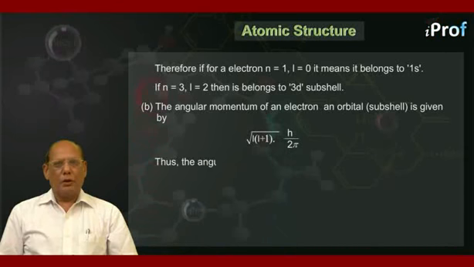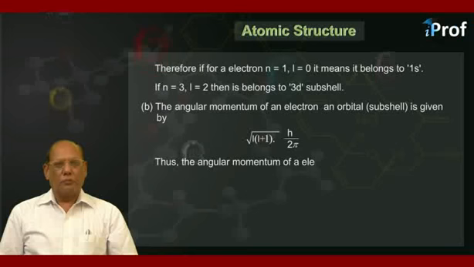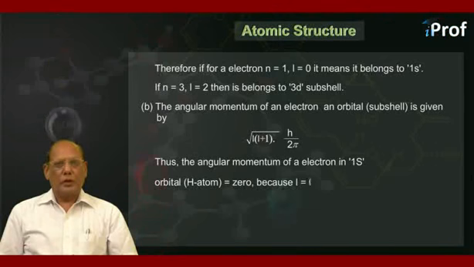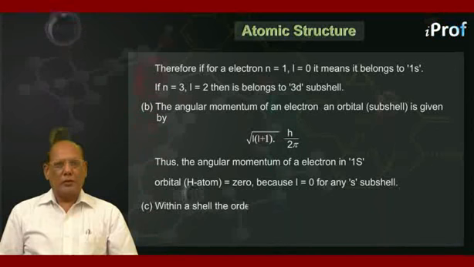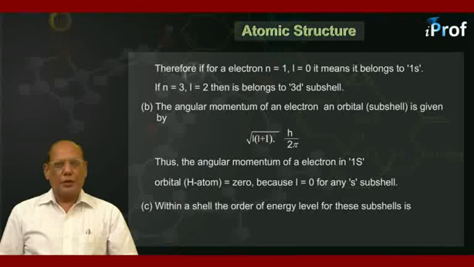Thus, the angular momentum of an electron in 1s orbital, say hydrogen atom, is equal to 0, because l is equal to 0 for any s subshell. C. Within a shell, the order of energy level for the subshells is s less than p less than d less than f.